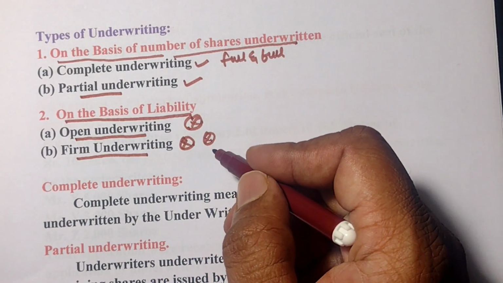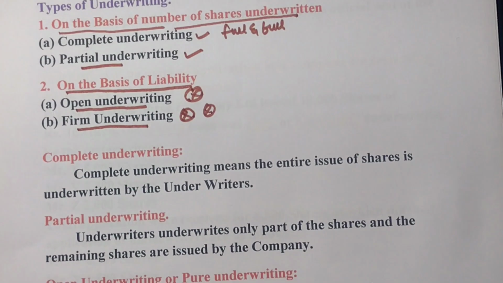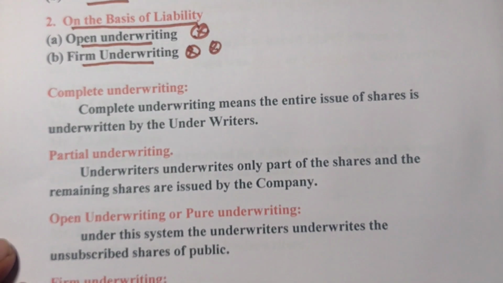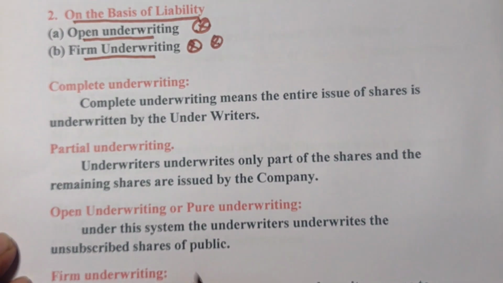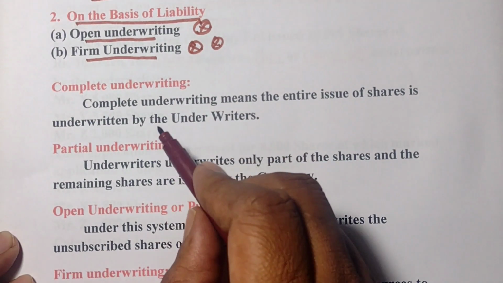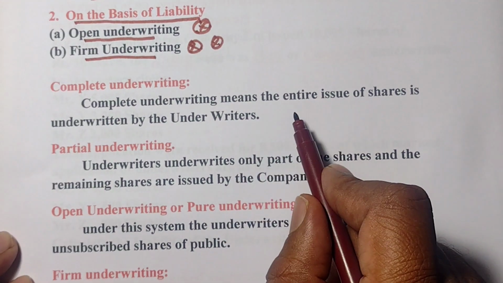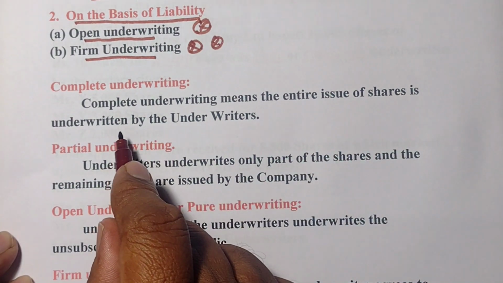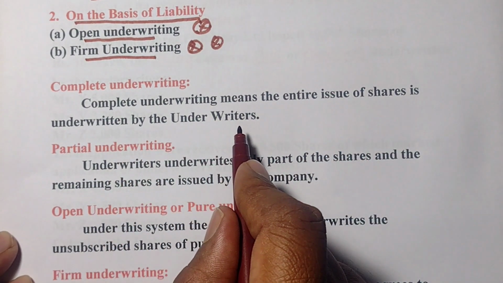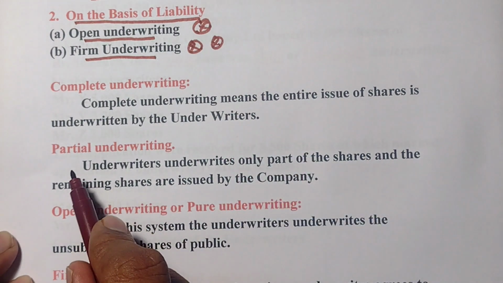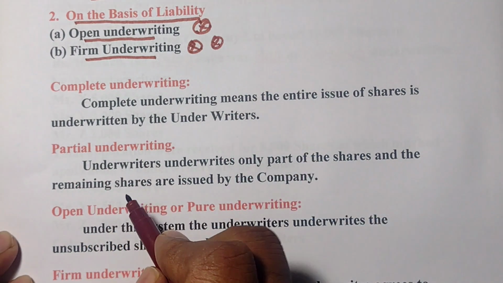So what is this firm underwriting? We are going to discuss all that one by one. Now the very first one is complete underwriting. Complete underwriting means the entire issue of shares is underwritten by the underwriters. The second one is partial underwriting.